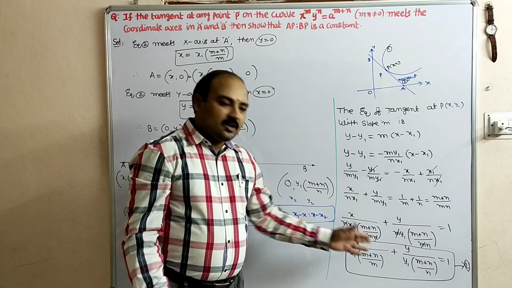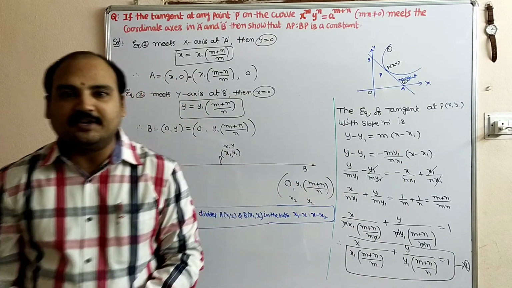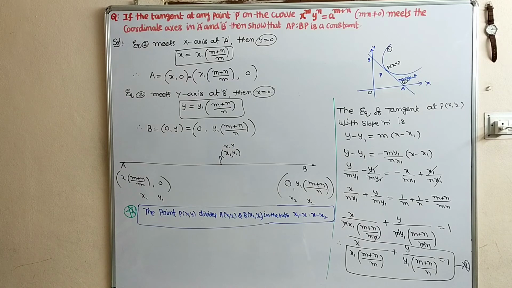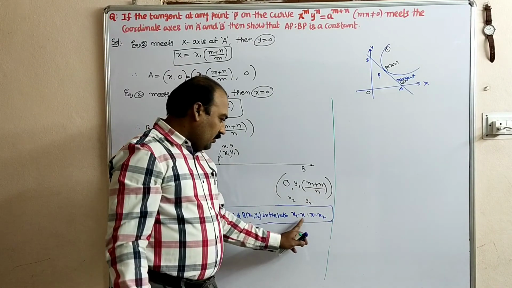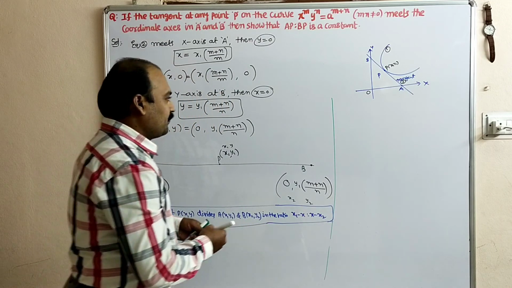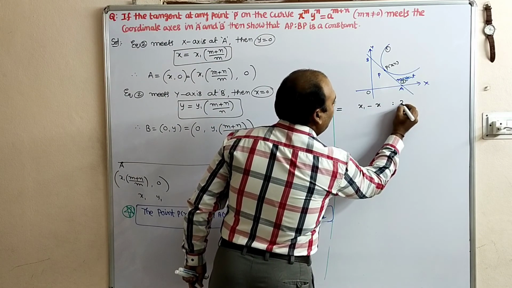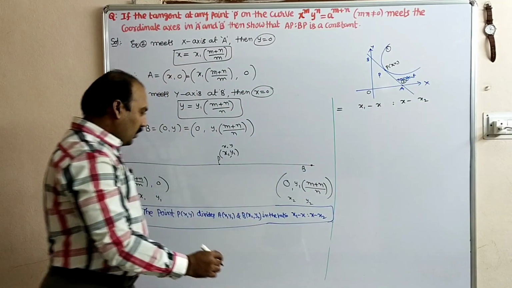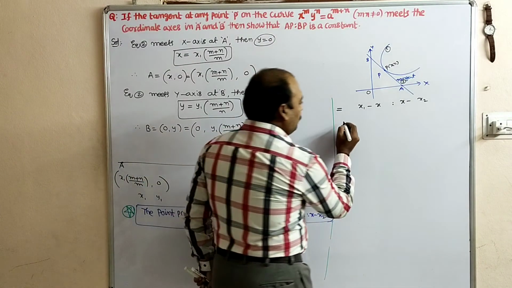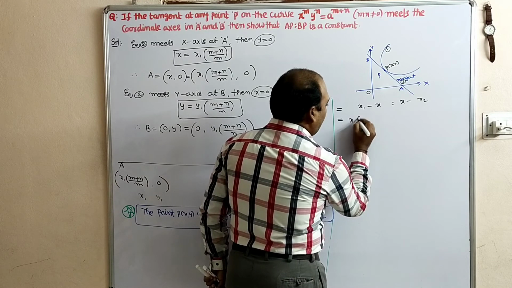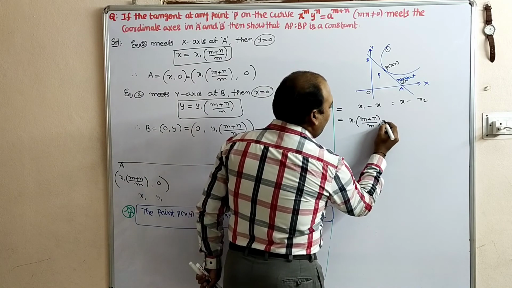I am going to rub this one. After that, these values you can write. What is x1 y1, what is x comma y, substituting this we will get it. See here, x1 minus x is to x minus x2. What is x1 in this? This value is x1 into (m plus n) by m, minus x value.